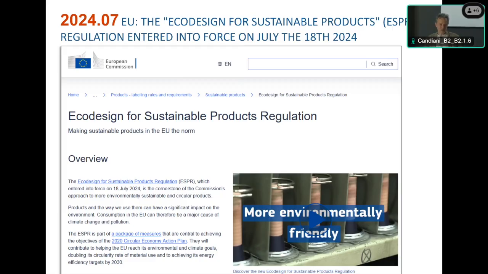This is a general law for all types of product, and then there will be what they call delegated acts. They are specific laws for specific categories of product, furniture, clothing, and so on. Okay?